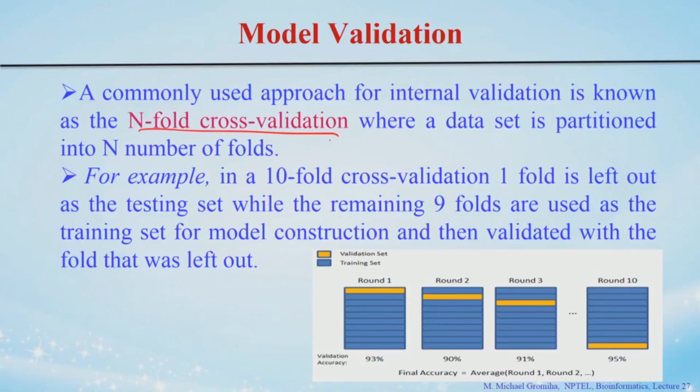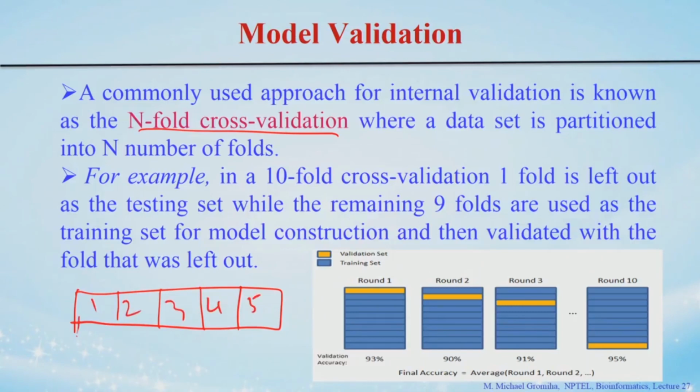In this case we divide the data set into n groups and take n-1 groups as training and the one left out for the test. So, if it is the tenfold cross validation, we make 10 groups, or if you have 5-fold cross validation, for example 1, 2, 3, 4, 5.